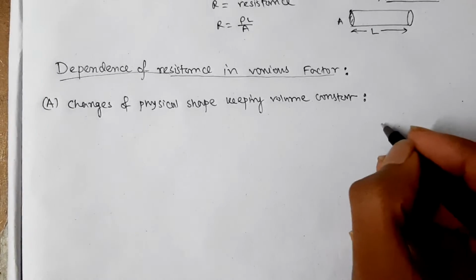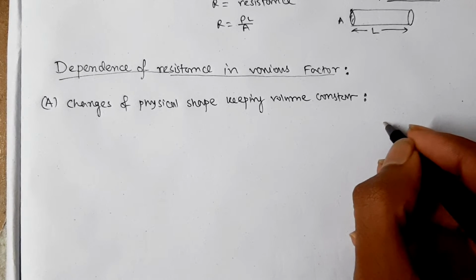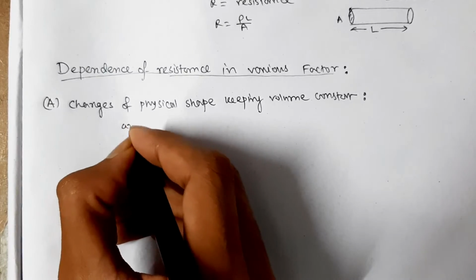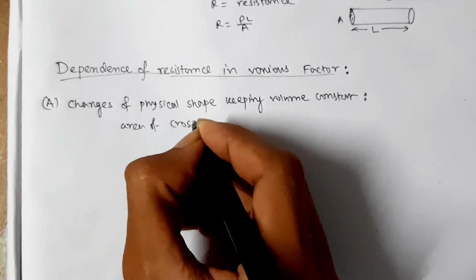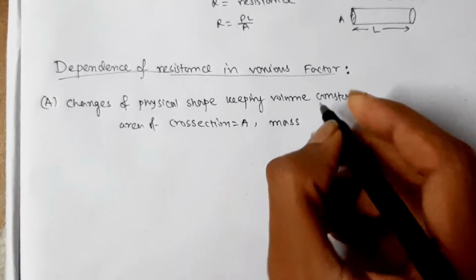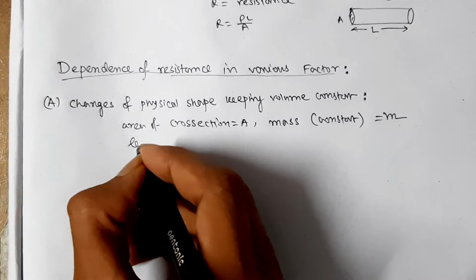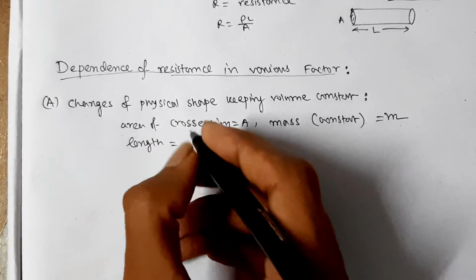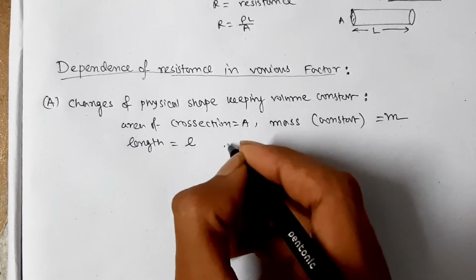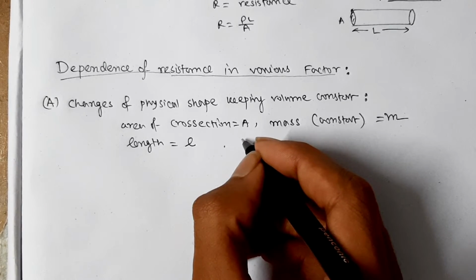So here we do not add or subtract anything from a wire of length L, cross section A, and mass always remaining constant M. So area of cross section is equal to A, mass is equal to M, length is equal to L. And all other physical properties will remain constant, like the resistivity.